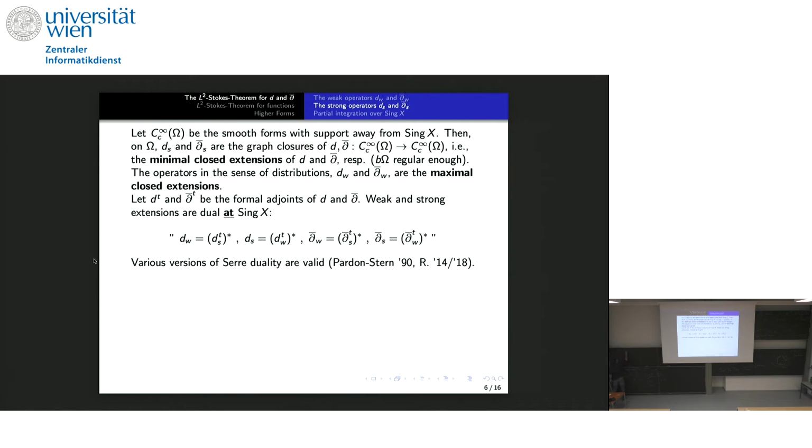So this is the formal adjoint of d-bar. If you consider it on smooth compactly supported forms, then by definition the d-bar in the sense of distributions is the adjoint of this operator.